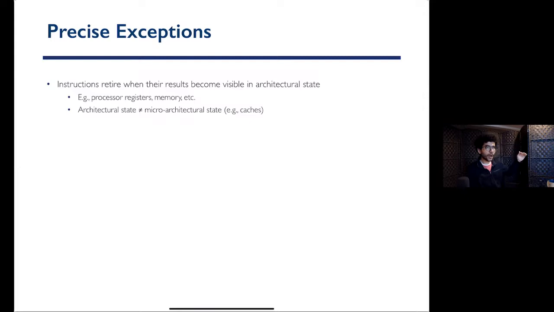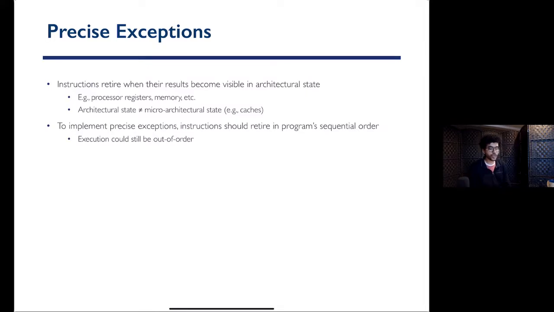If I do any out-of-order execution, I can still do them, but I'm not going to assume that those instructions are retired. I'm going to retire instructions in the same program order that the programmer has written. If an exception happens for instructions that are speculative, I'm going to ignore them. I'm only going to take care of exceptions that happen for instructions that have retired.